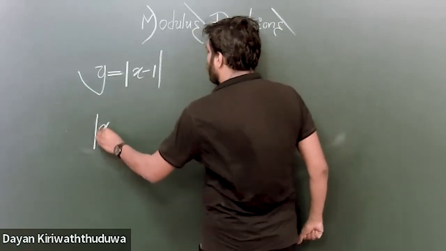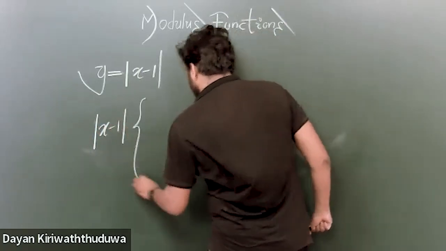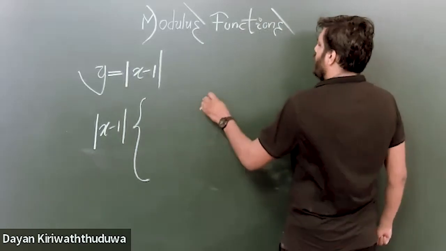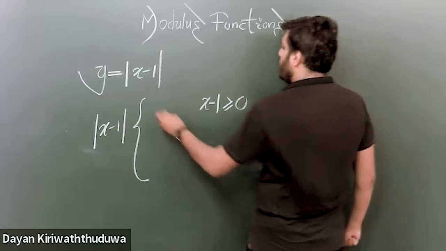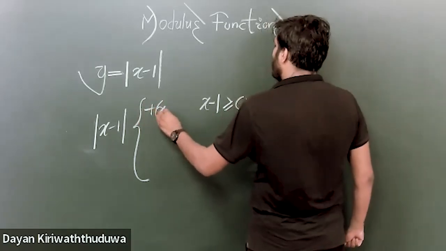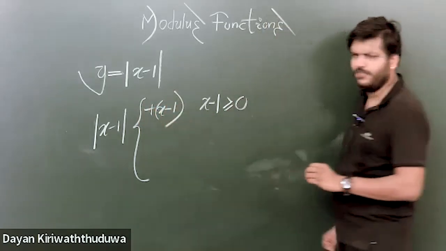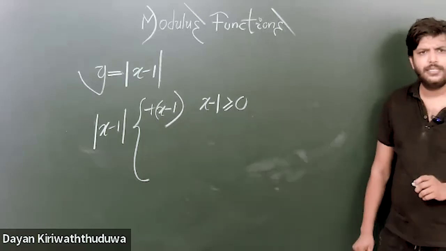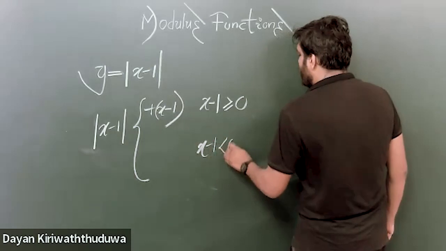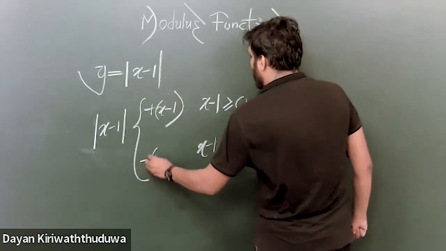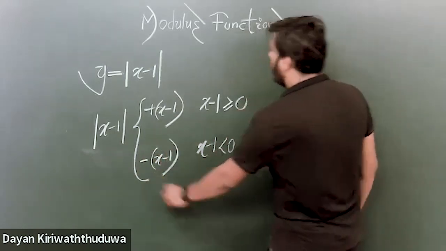Modulus of x minus 1 is x minus 1 when x minus 1 is greater than or equal to 0. This is plus of x minus 1 because we keep it as it is. We don't change anything, right? Same logic. If x minus 1 is less than 0, this should be negative of x minus 1. There's no doubt about it, right?